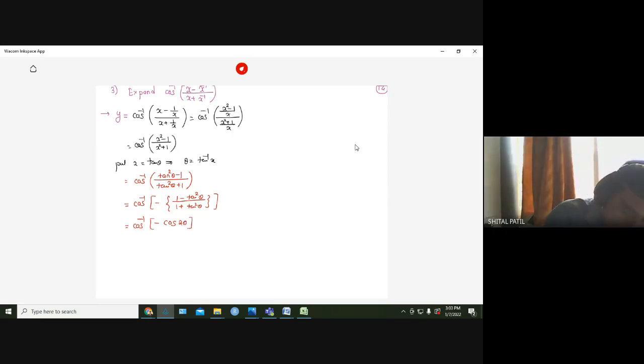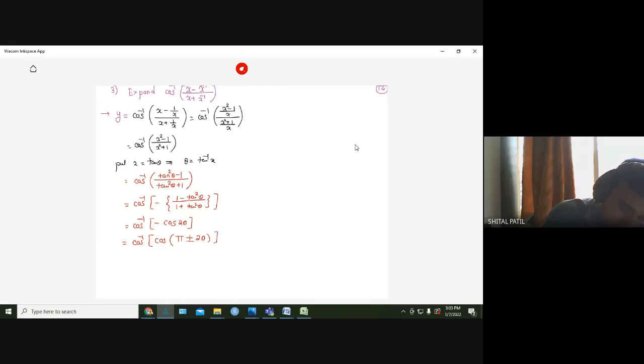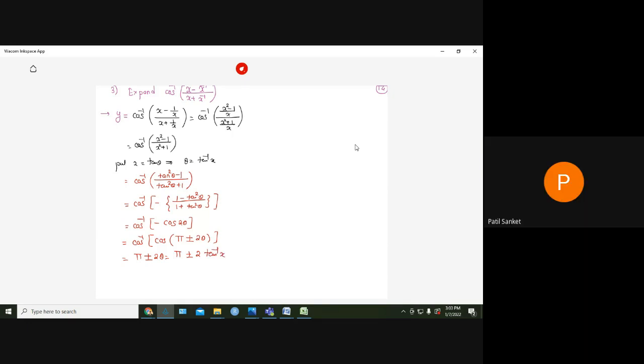And then we have written the formula for how we can cancel this minus sign: cos of pi by 2 minus, pi plus or minus 2 theta. Theta is 2 tan inverse x.